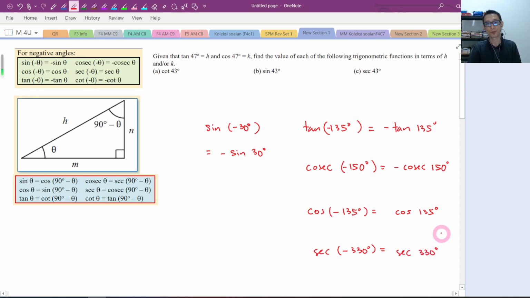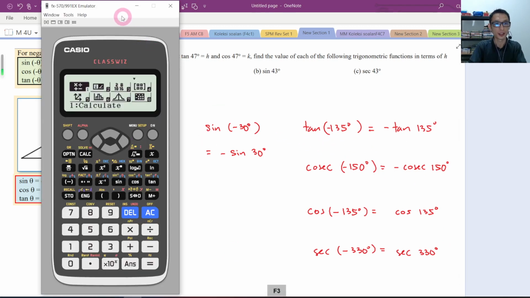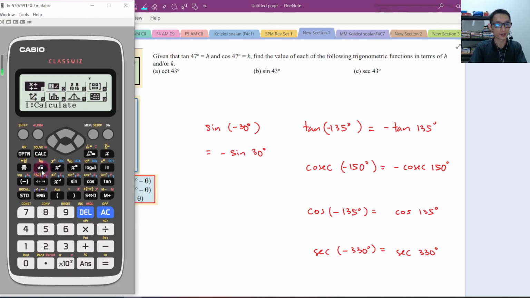Now let me use the calculator to show you that the left hand side here is actually equal to the right hand side here. Let me show this one first. Sine negative 30 degree.